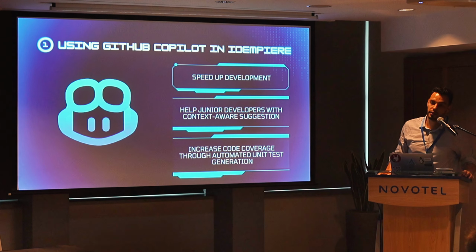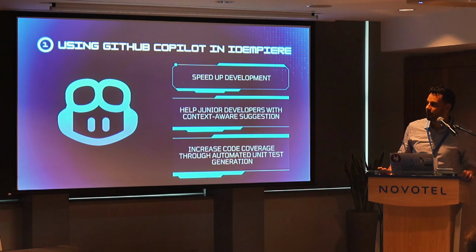So first, starting with Copilot and iDempiere. I have played with Copilot lately. It is now natively supported in the latest Eclipse version. Copilot is a great tool for development. Actually, it can speed up the development.